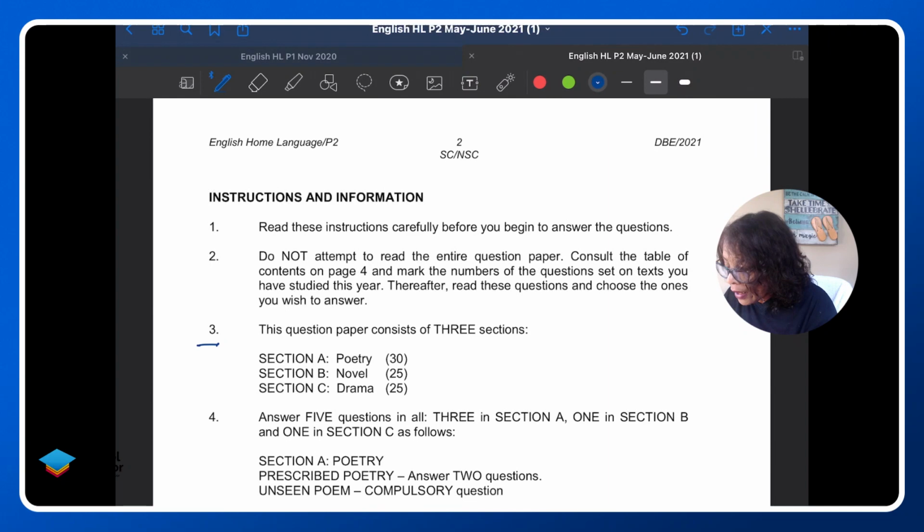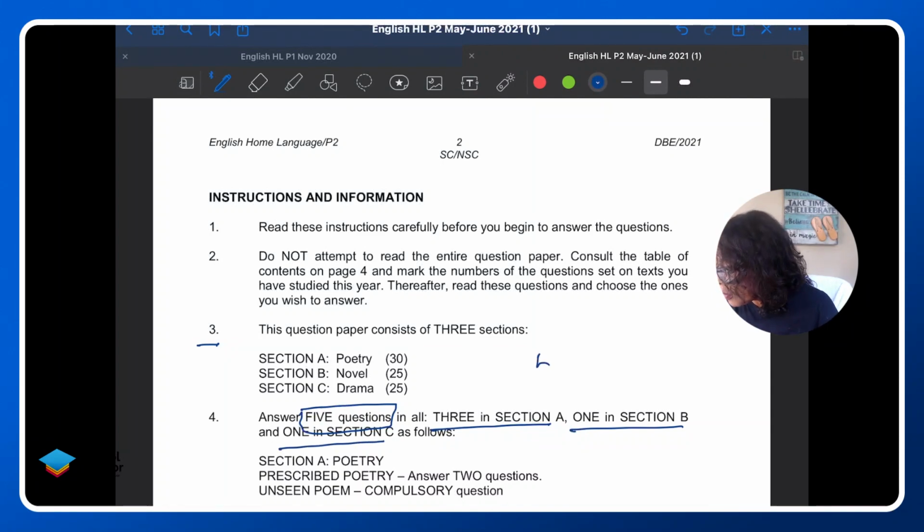So it says there clearly that you have a section A, which will test you on the poetry. Section B will be the novel question, and section C will deal with a drama question. You must answer in number 4. It says 5 questions. This is important. And of the 5 questions, 3 must come from section A, 1 must come from section B, and 1 must come from section C. Right?